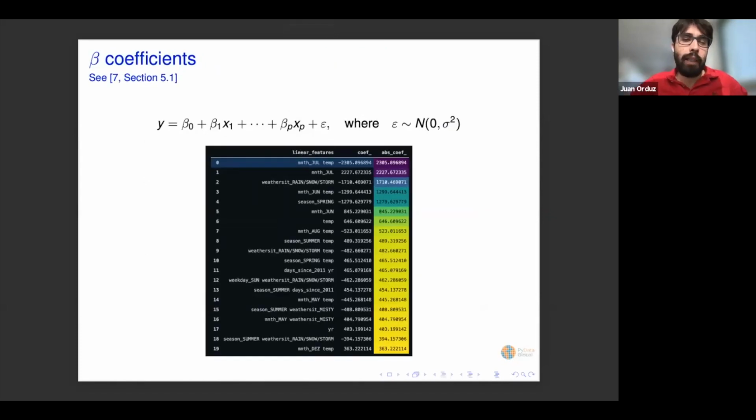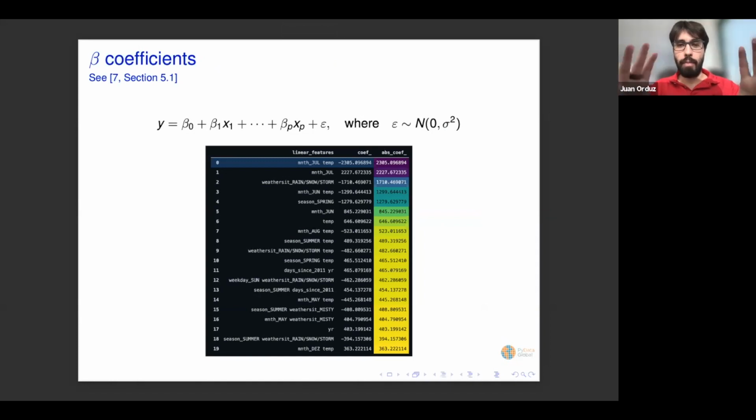All right, so let us start with a model-dependent way of looking into it. Without going into anything fancy, if you have a linear model, you have something very explicit to look into once you fit the model. Again, for a linear model, it's just a linear combination of features that are weighted by what we call the beta coefficients.